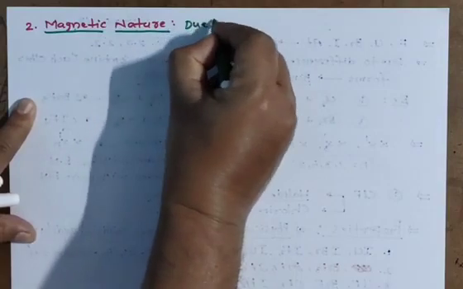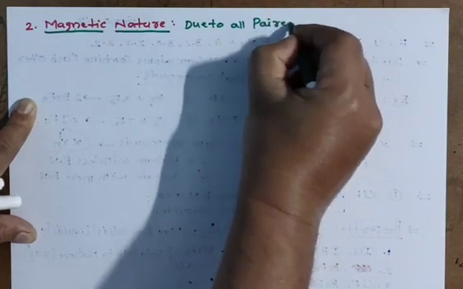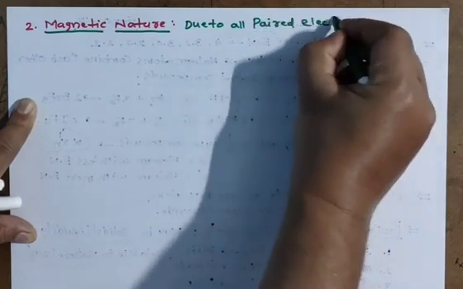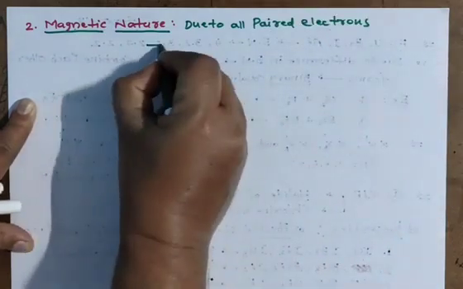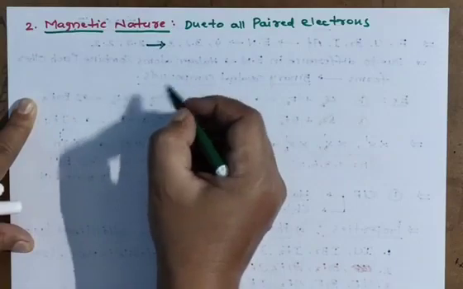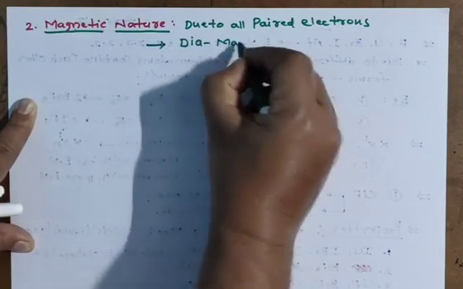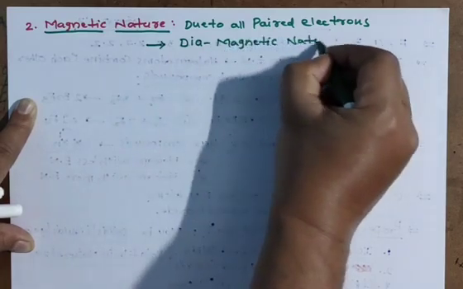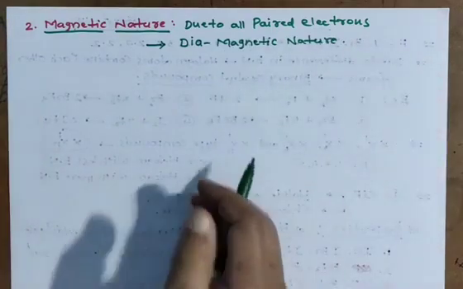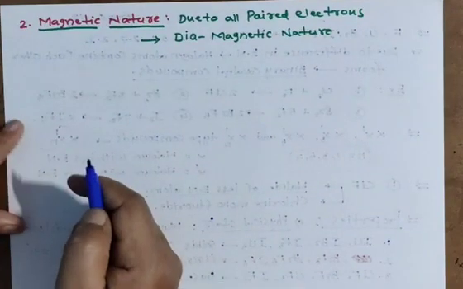Due to all paired electrons, interhalogen compounds are diamagnetic in nature. Remember, all are having paired electrons. There is no unpaired electron. That's why interhalogen compounds are diamagnetic in nature.